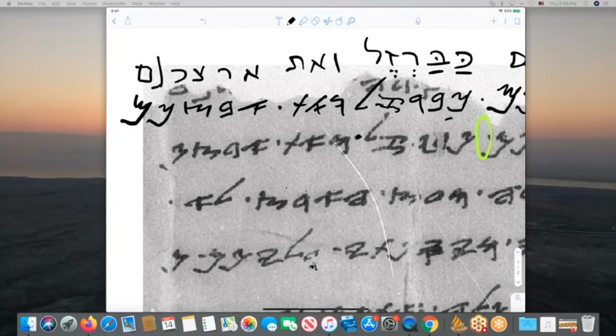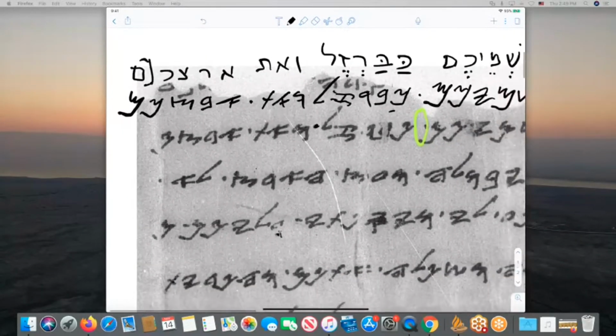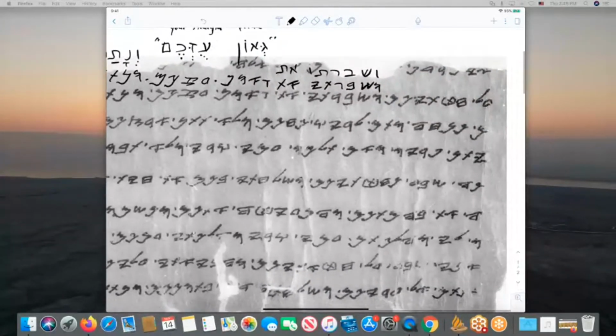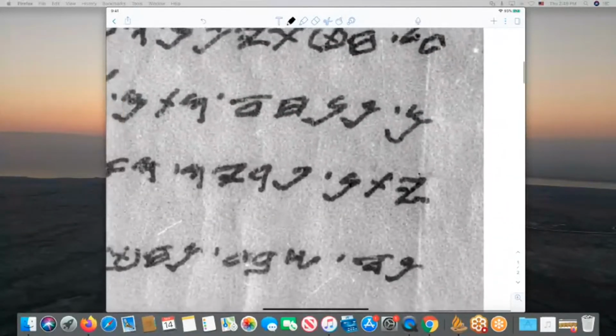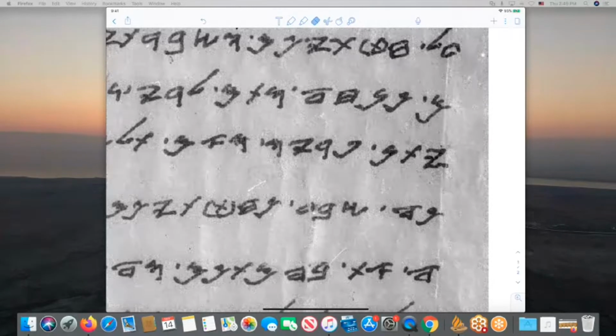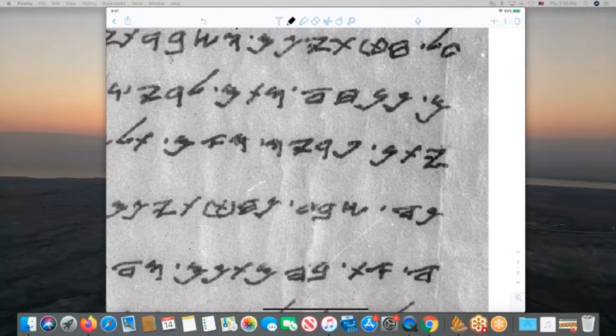We expect a mem here. Well, guess what? If we scroll back to the beginning of the next line, we see a little single letter all by itself. See this little guy here? That's our little mem, separated from the word that it belongs to, Artzachem. And we saw this last week, this shows that the scribe is privileging the right and left justification.